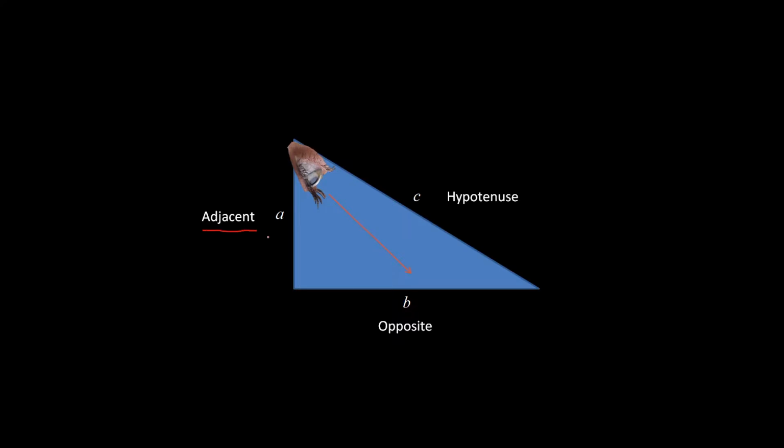So adjacent and opposite depend upon how you choose your angle. The angle always looks at the opposite leg. The only thing that remains consistent is the hypotenuse. The hypotenuse is always the longest leg.